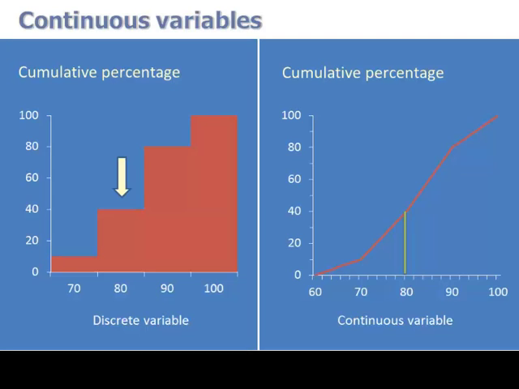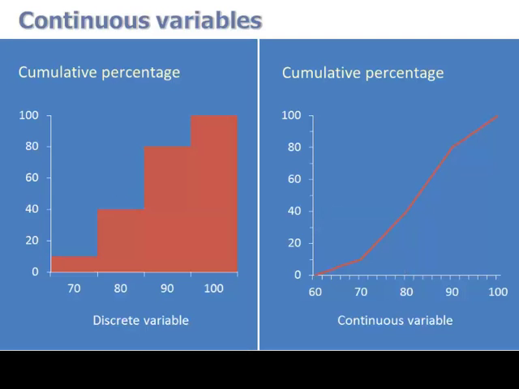And then, from the point of intersection, draw a horizontal line to the y-axis. The horizontal line intersects the y-axis at 40. This means that 40% of students had a score of 80 or less, which agrees with the discrete chart to the left. Let's try another example.